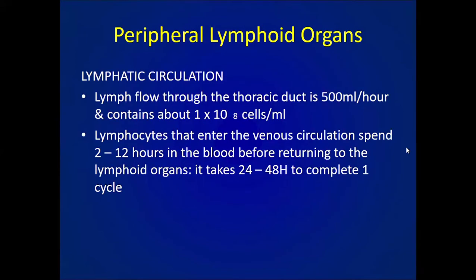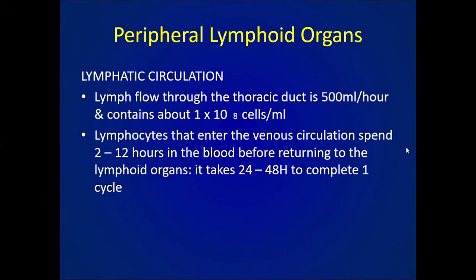Okay, then we have the lymphatic circulation. So the lymph flows through the thoracic duct at a rate of 500 ml per hour, and it contains about 1 times 10 raised to the power of 8 cells per ml.